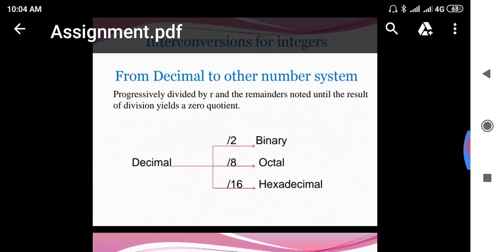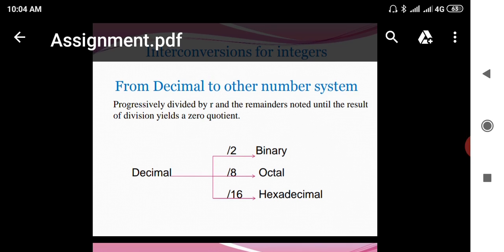So progressively divide the given decimal number by 2, and note down the remainders in reverse order. This method is also called the double dabble method. Similarly, from decimal to binary, octal, or hexadecimal, we can convert the number by dividing by 2, 8, or 16 respectively.